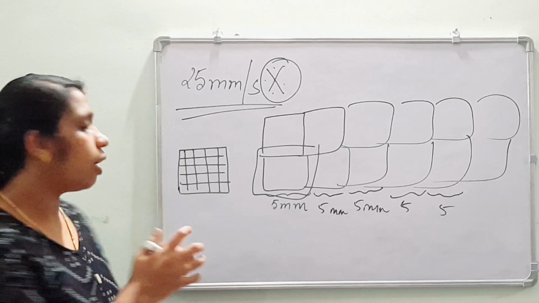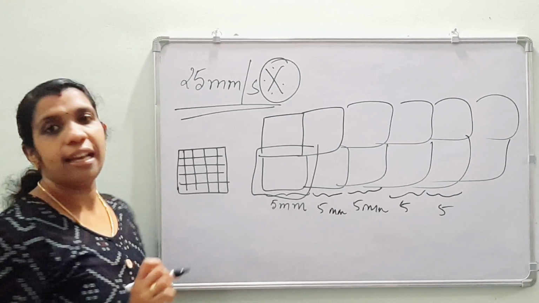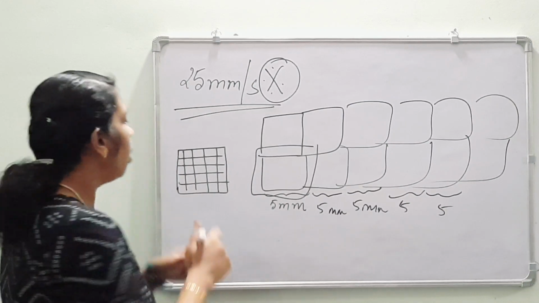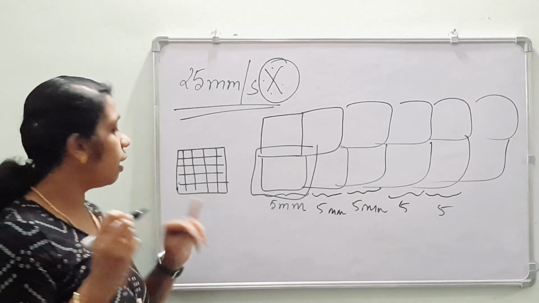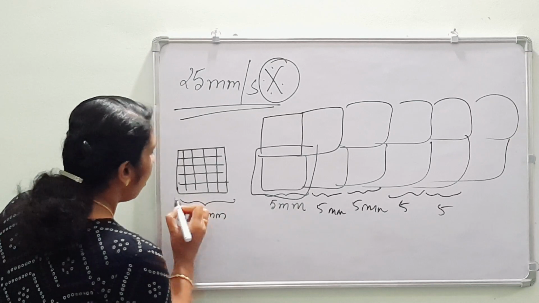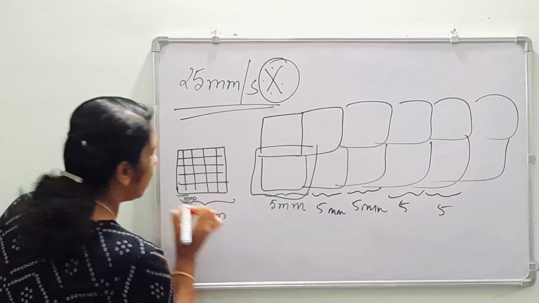Column wise there will be 5, and row wise there will be 5 small squares inside a large square. So if a large square measures 5 millimeter, then 1 small square measures 1 millimeter.